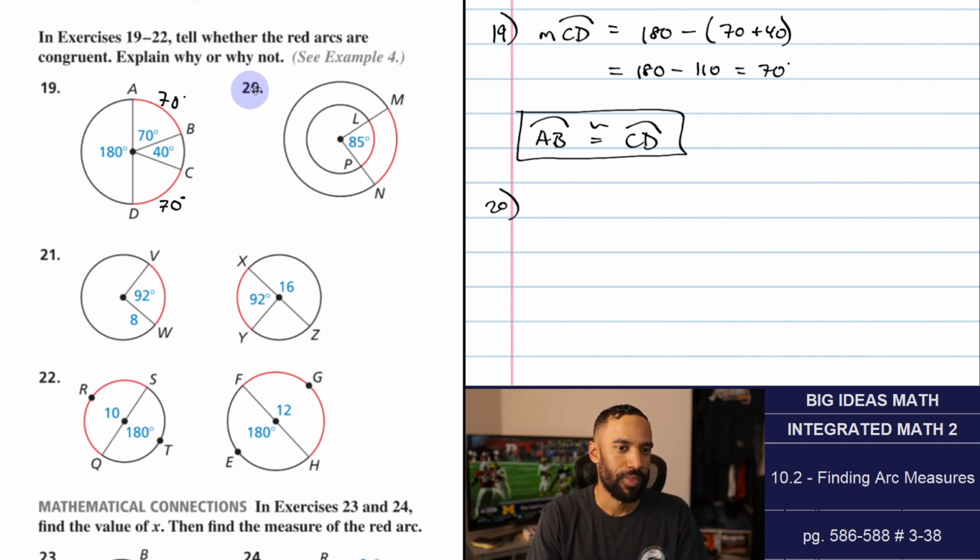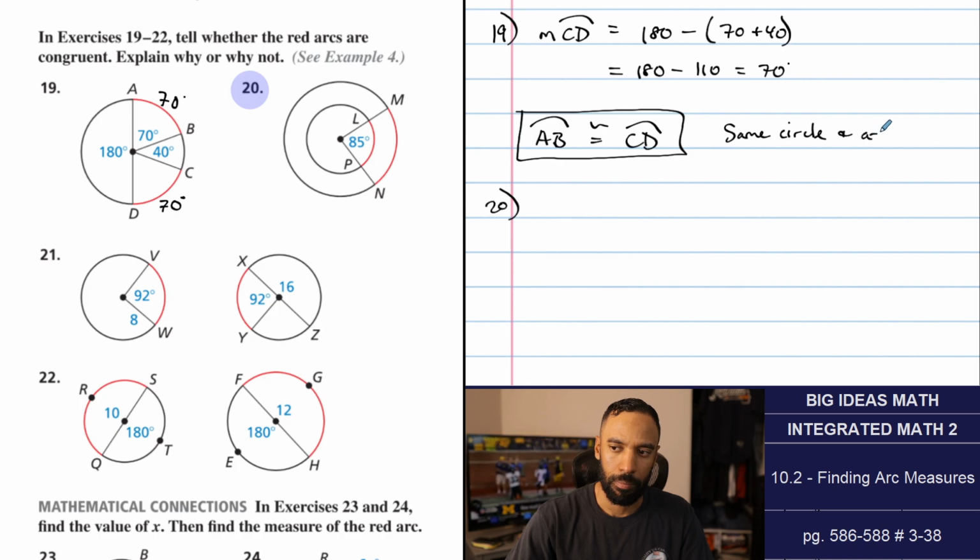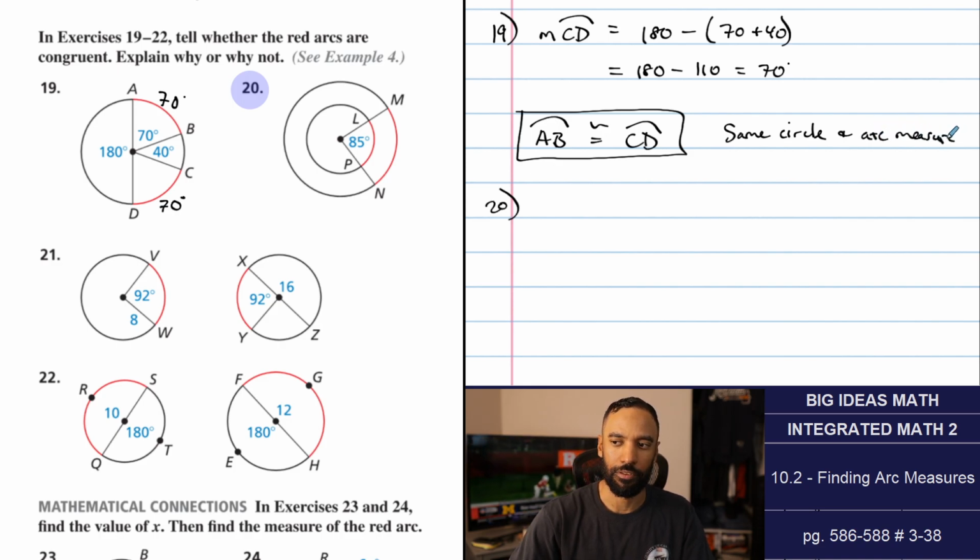Number 20, here's the thing. Even though they share the same central angle of 85 degrees and they have the same measure of 85 degrees, they say explain why or why not. Same circle and arc measure. This one has different circles of different sizes. Even though they have the same arc measure, they're not congruent.